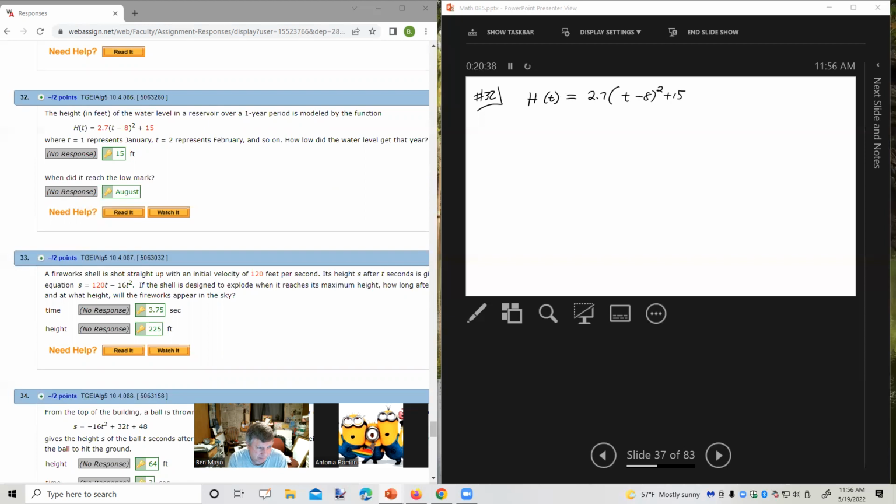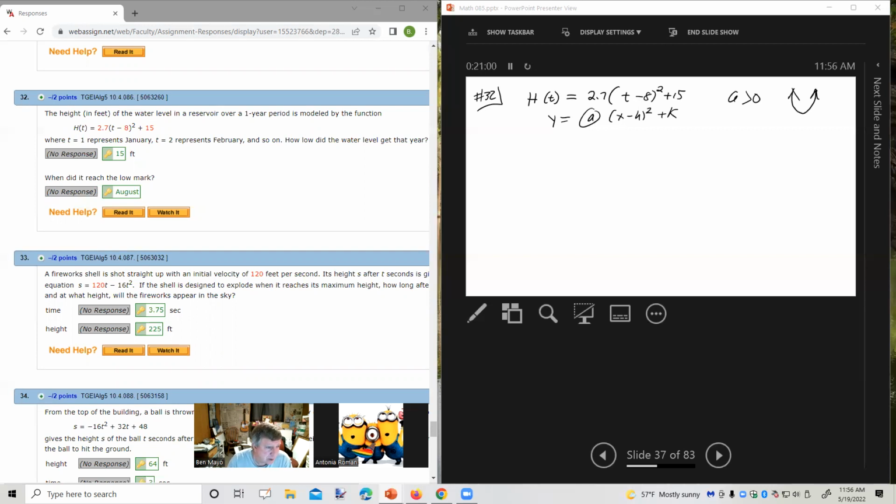All right, now this equation is in the form y equals a times x minus h squared plus k. So a is greater than 0, which means the graph is going to open upwards. You following so far? Yes.